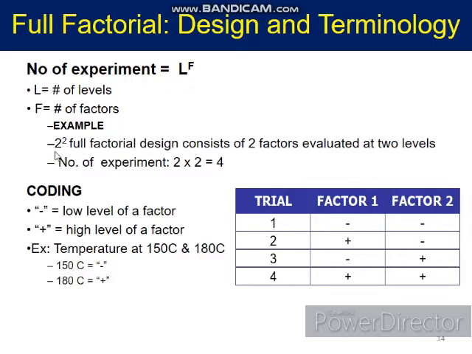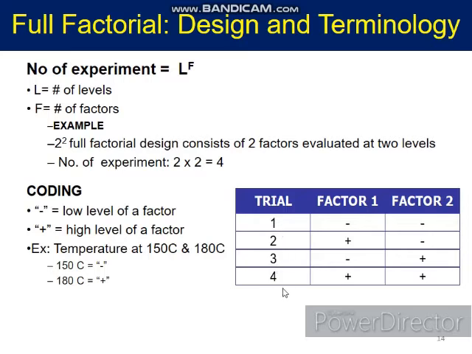For example, a 2 to the power of 2 full factorial design consists of two factors evaluated at two levels. So the number of experiments is 2 times 2, which is 4. In terms of coding, whenever you have an experimental matrix, sometimes they give it to you in the form of coding. So you have trial or experiment 1, 2, 3, 4.